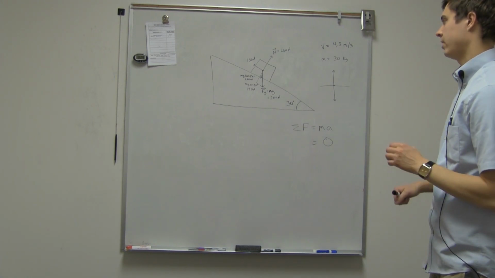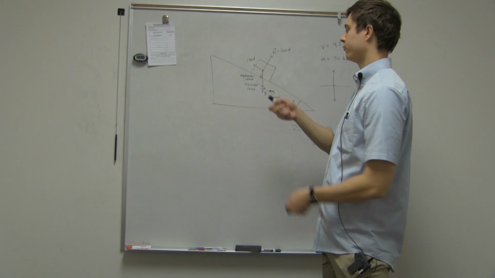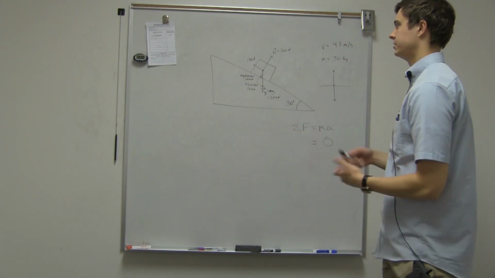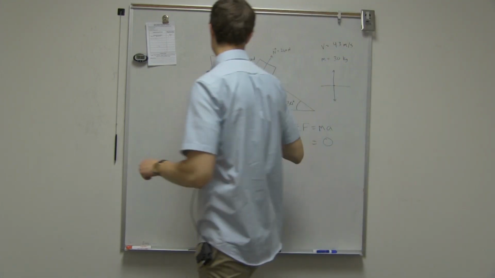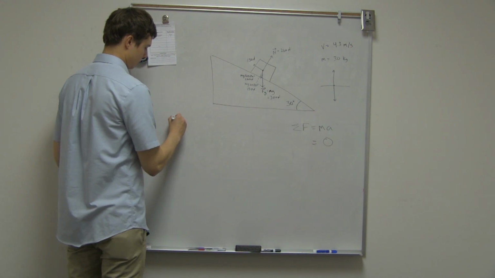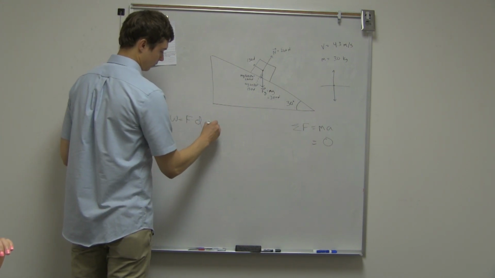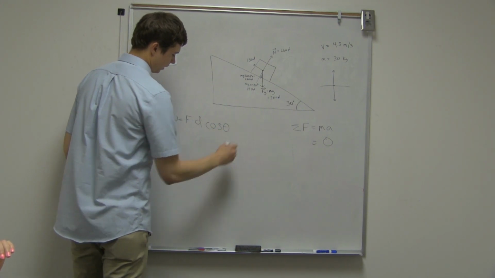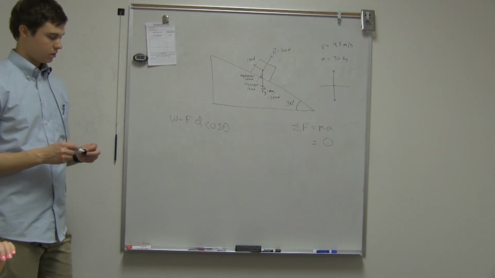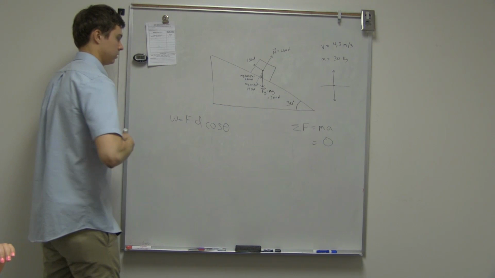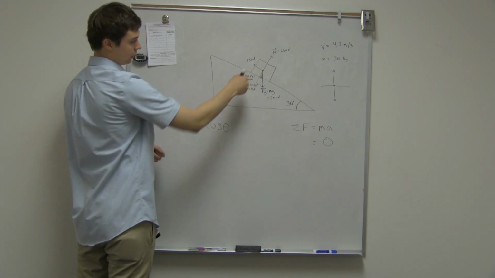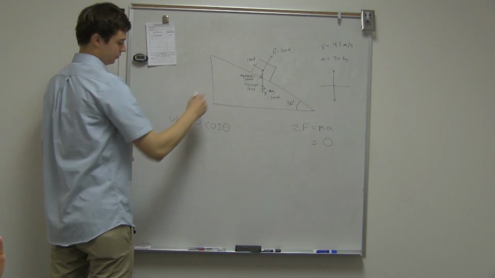So then if we were going to say, well, how much work are we doing if we're pulling this box 10 meters or something? We would say, well, work equals force times distance times cosine theta. So the force that we're exerting as we pull is that 150 newtons.